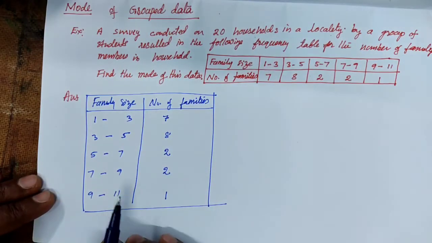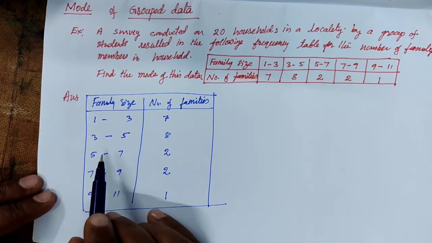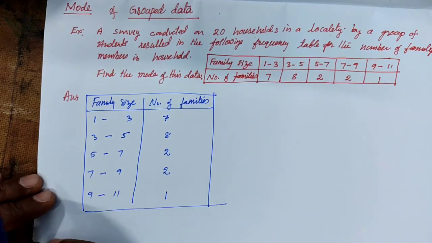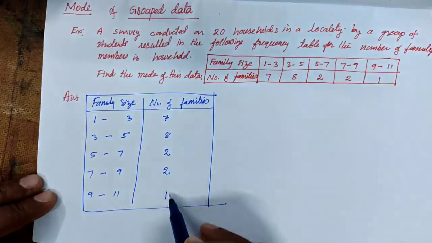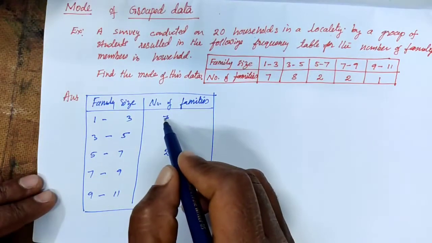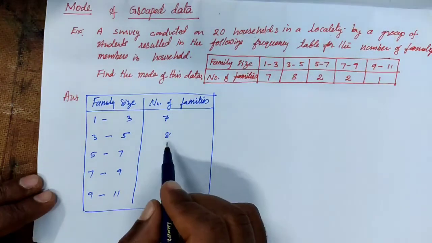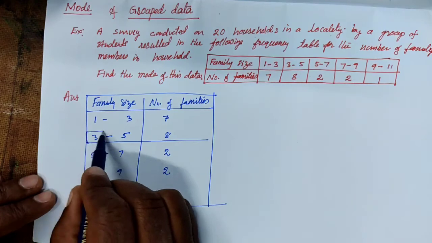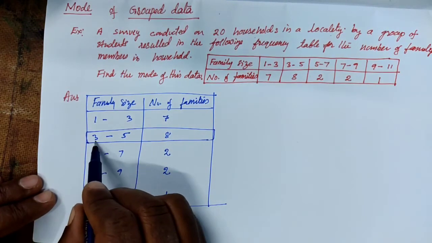So here we have to find the modal class. Which is the modal class? Here this is the frequency: 7, 8, 2, 2, 1 are the frequencies. The class with the highest frequency is the modal class. This is the modal class and this is its lower boundary.